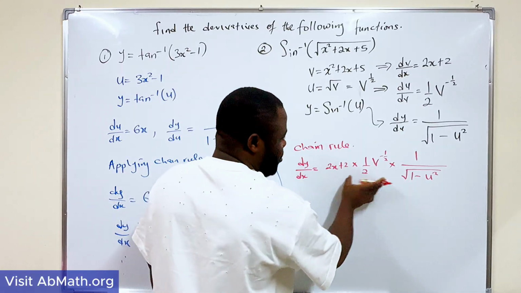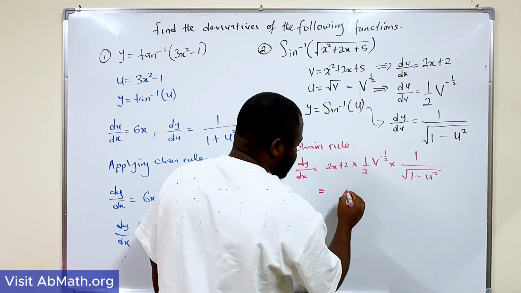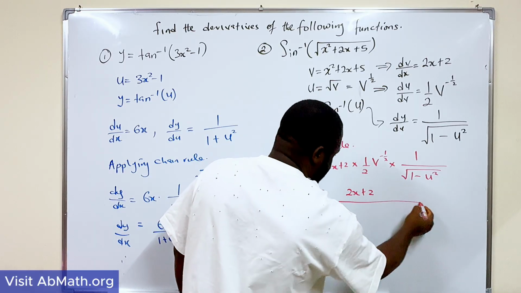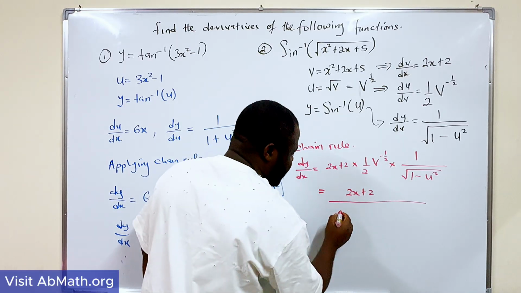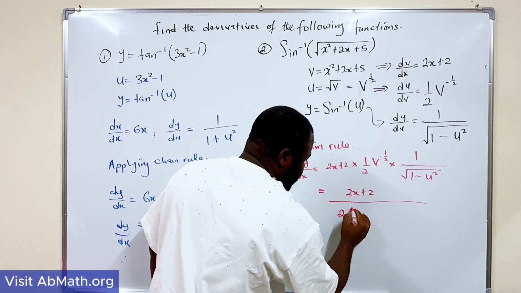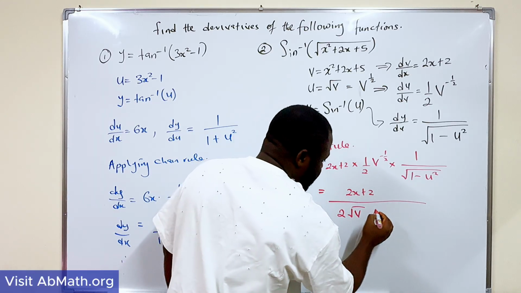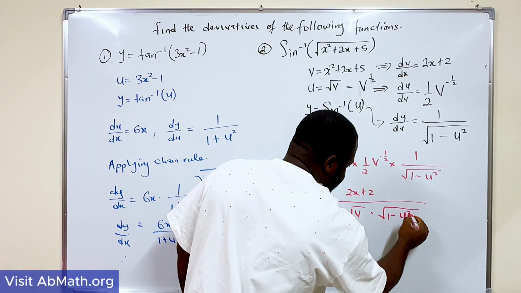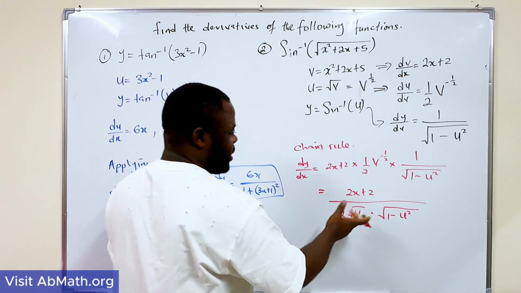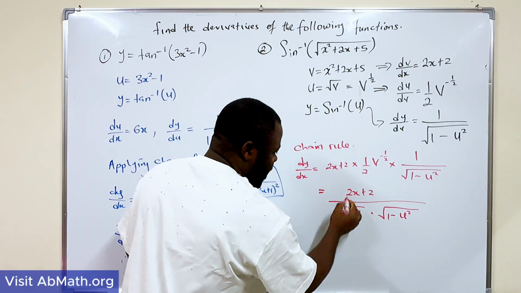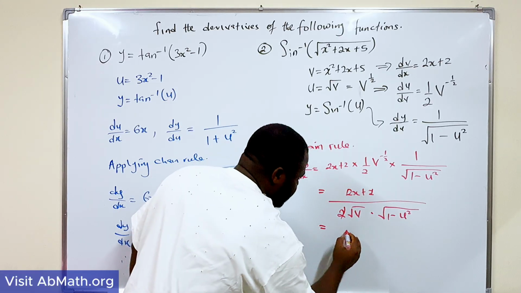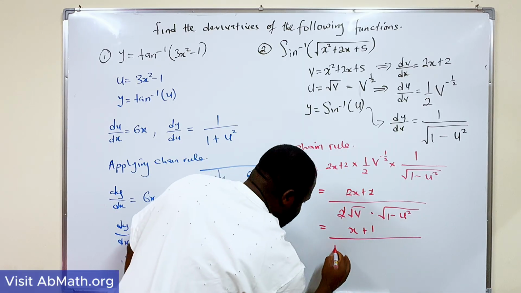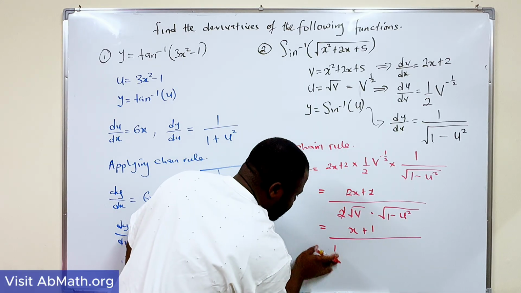So let's multiply this through. This will be 2x plus 2 over 2 square root of v, then multiplied by square root of 1 minus u squared. So that is what it simply means. This can cancel this and this. So we now have x plus 1 over square root of v.